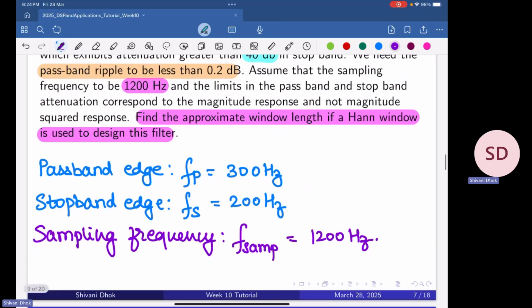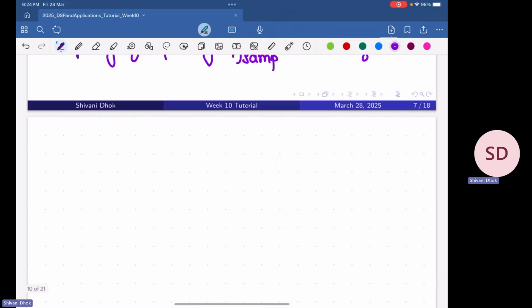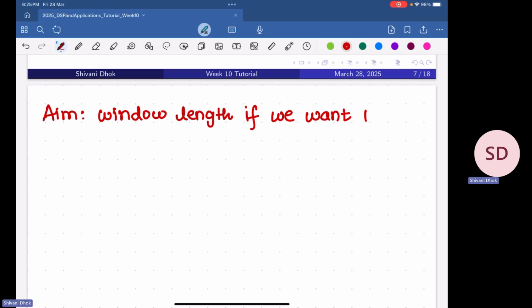Okay, so the aim is: what is the window length if we want to design a high pass filter using a Hanning window.